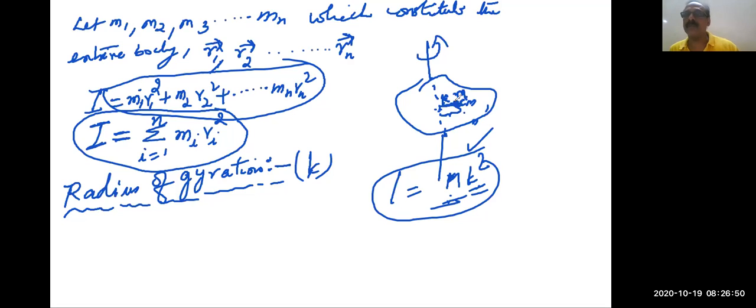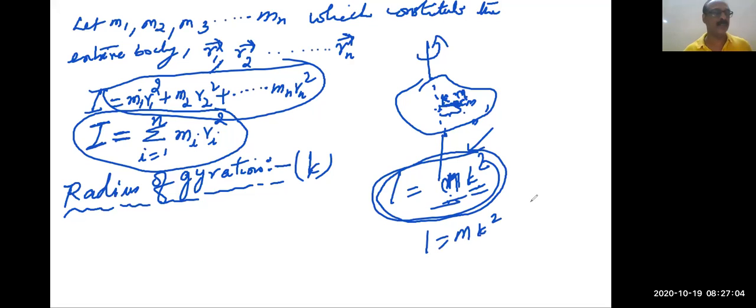With which the moment of inertia calculated, bracket I is equal to mK squared, M capital.